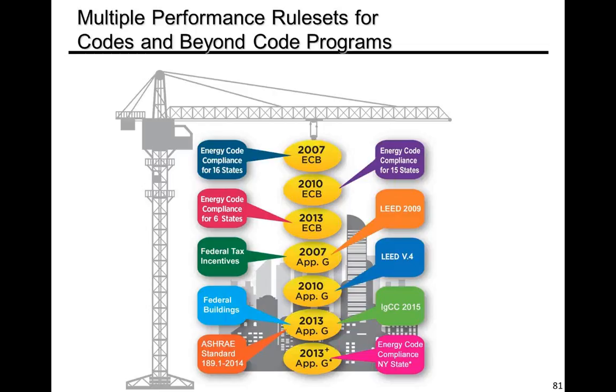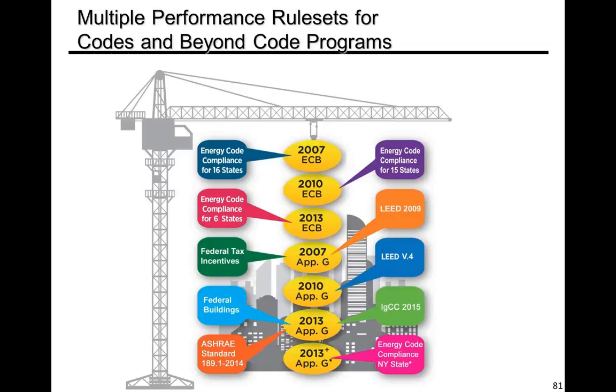There are 15 states that reference the 2010 energy cost budget, 6 states that reference the 2013 energy cost budget. LEED 2009 references the 2007 energy cost budget. The current federal tax incentive program that was recently renewed references the 2007 Appendix G.